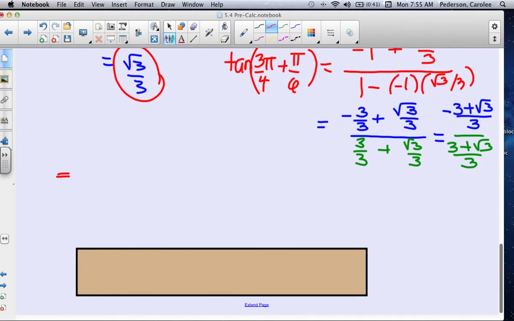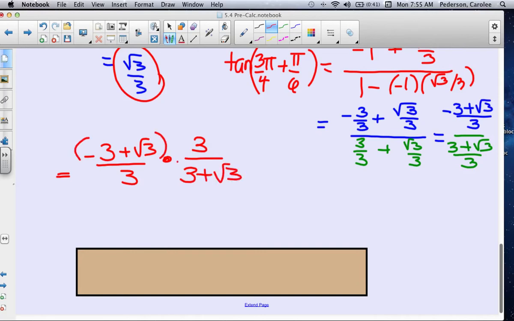I'm going to give myself some more room here. -3 plus the square root of 3 over 3. And then reciprocate. So 3 over 3 plus the square root of 3. Throw some parentheses here. And then those 3's cancel out.